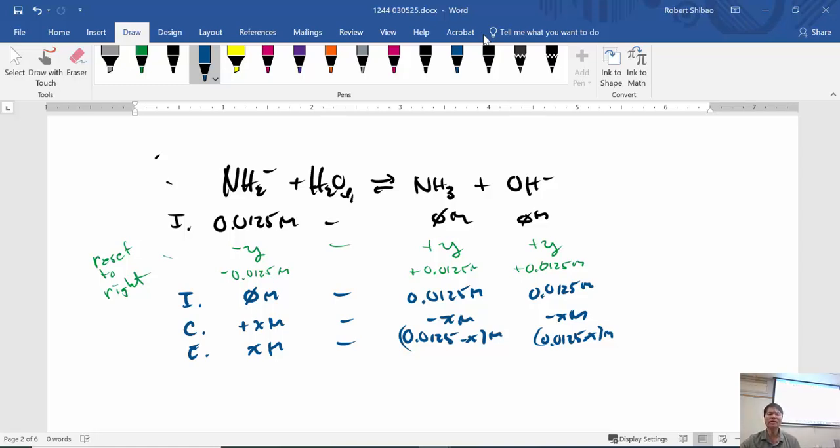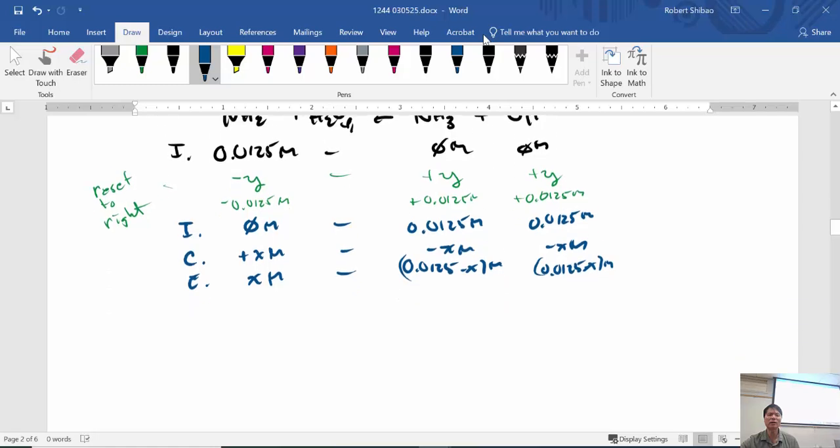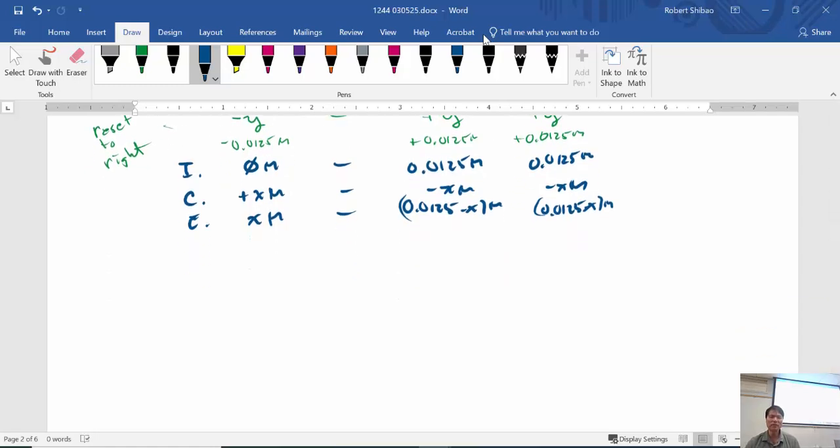And so once we figure out what x is, we're going to calculate these concentrations. So I'll save a little bit of room underneath here to calculate it. All right, so let's figure out what x is. So we need to determine x here. This x is not the same x as the previous problem. And so the K value is 10 to the 20th, or approximately 10 to the 20th.